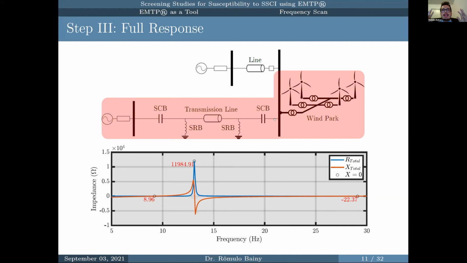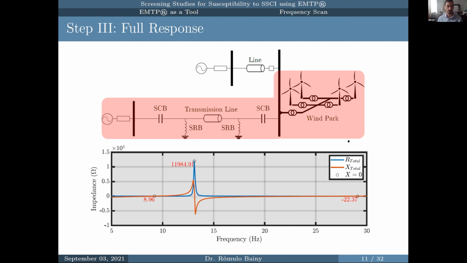So you connect the block between the point of interconnection and the ground, but you just want to measure the current flowing in the wind park. Like I said, you can find more details, but you connect between this bus and the ground.